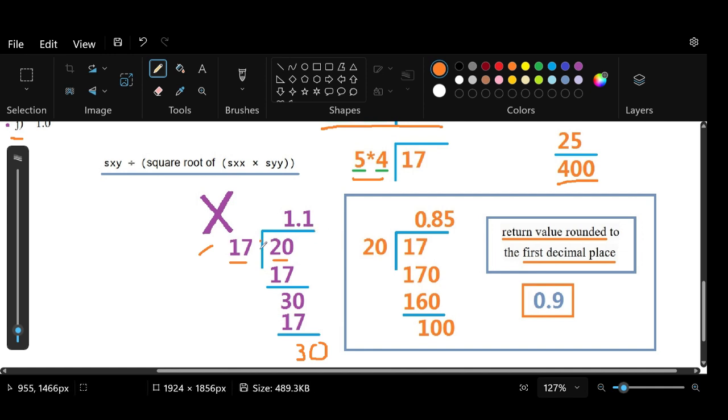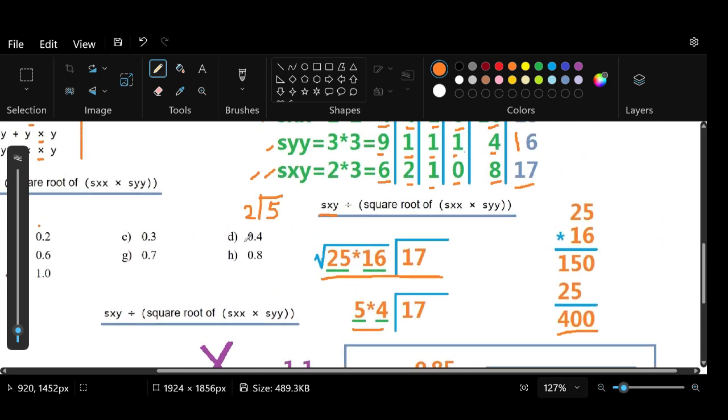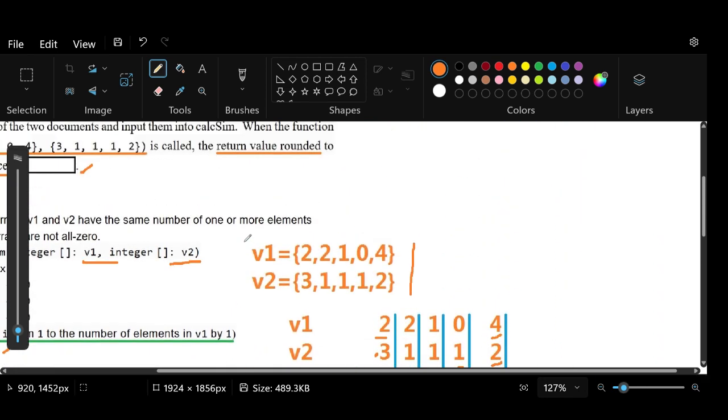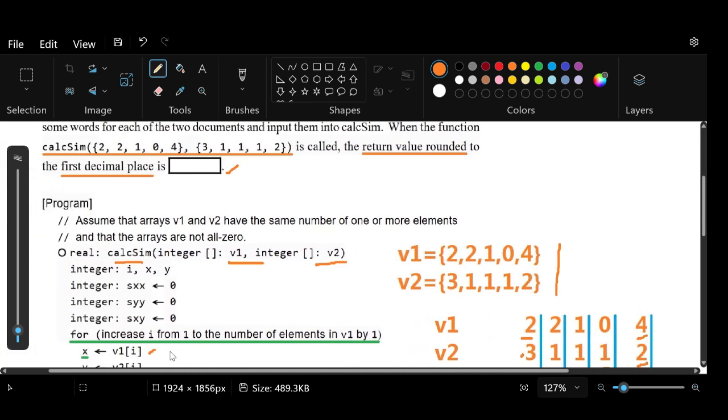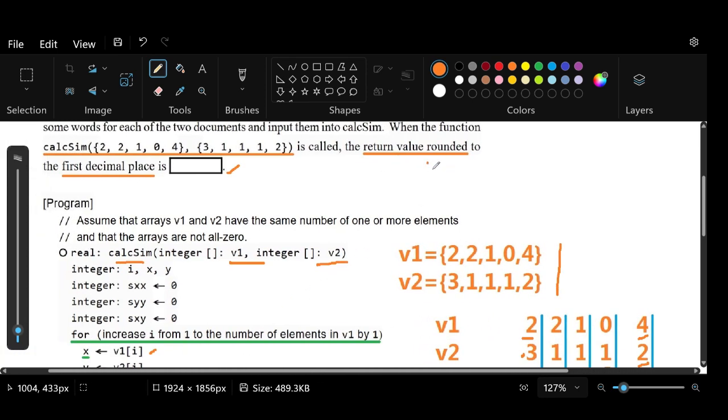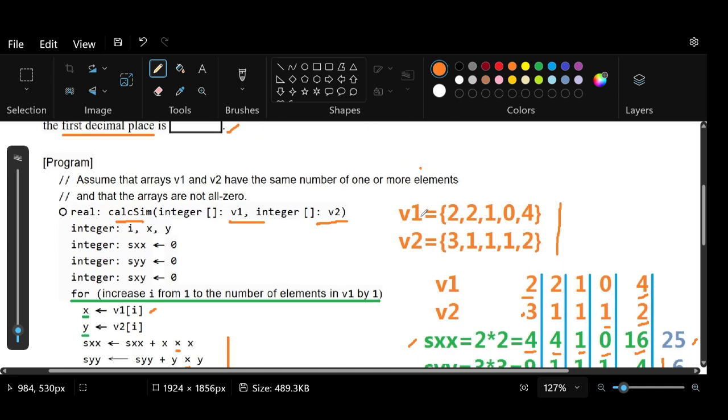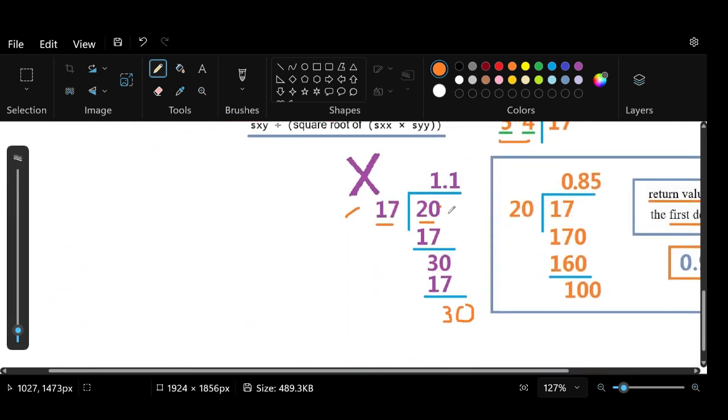And that's when I looked at the part where you got the rounding. It says here that the return value has to be rounded to the first decimal place. The thing is, I also had problems with the first decimal place, because I thought that, for example, if this is the first decimal place, then we should get 1.0, right?